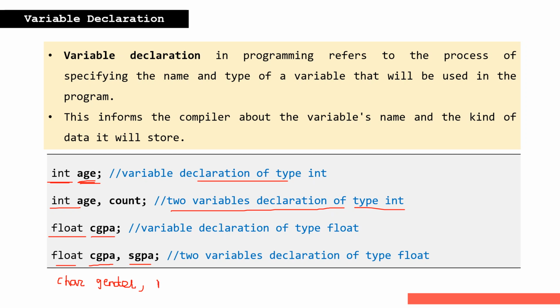You can declare an array of characters like this. This is the syntax. Suppose 30. So this name will hold 30 characters, an array of 30 characters, a group of 30 characters. So this gender will only hold 1 letter, right? And name will hold 30 letters, 30 characters.